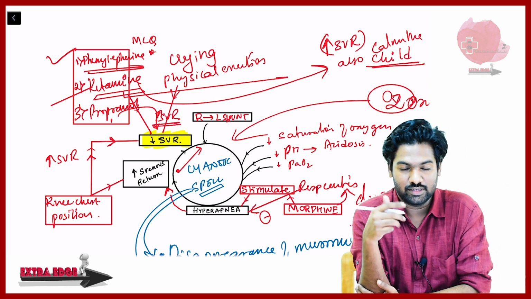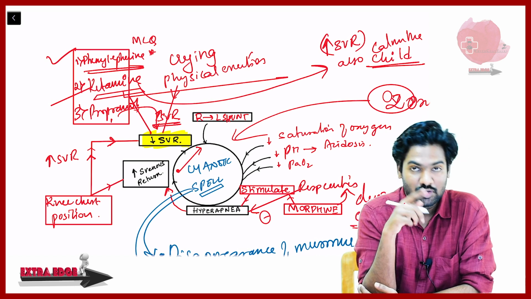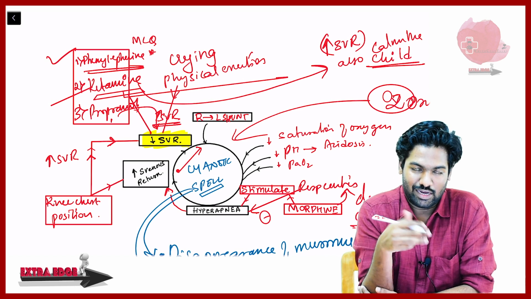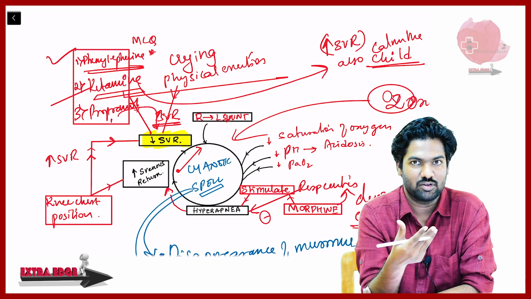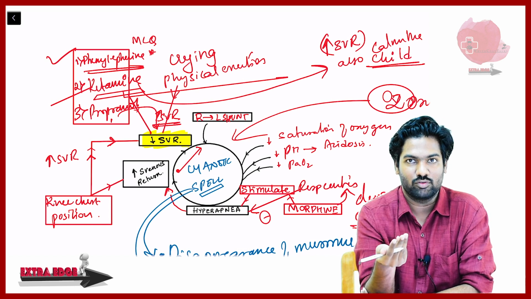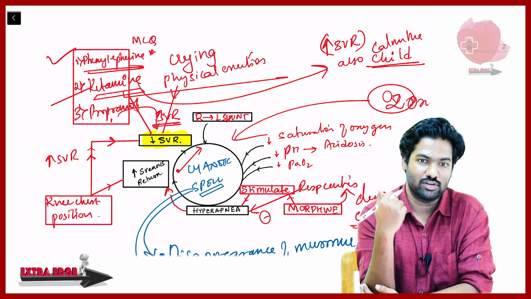Both beta blockers tend to increase the systemic vascular resistance. That's how we can use them. But if asked that propranolol acts on the pulmonary artery, that mechanism is less known. Whether it is helping you immediately or chronically, it is going to act by increasing the systemic vascular resistance.